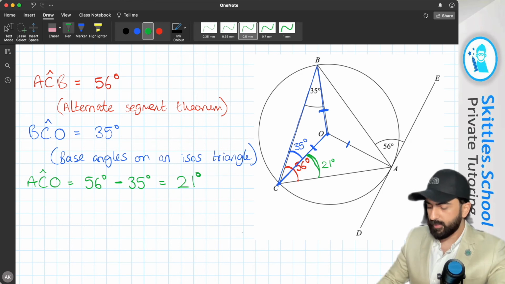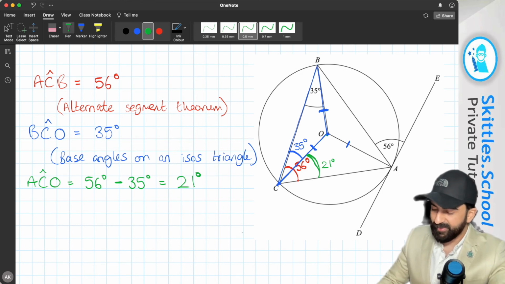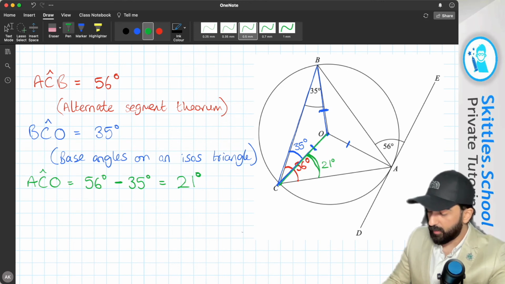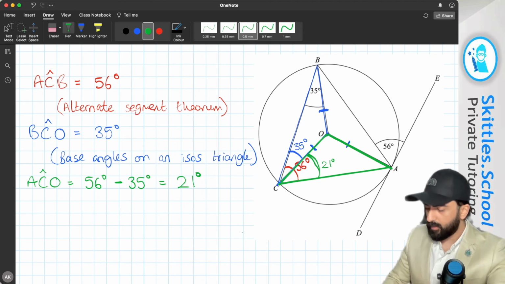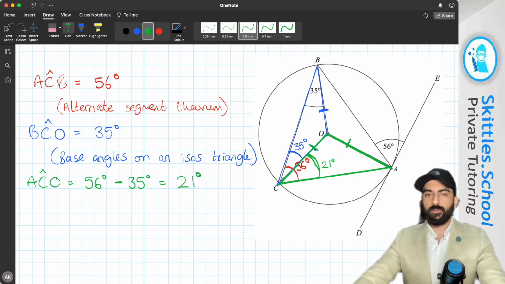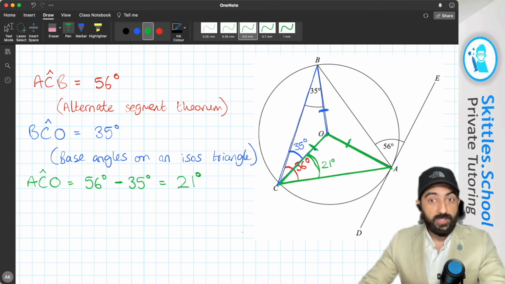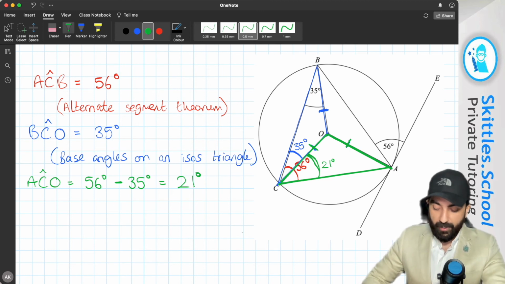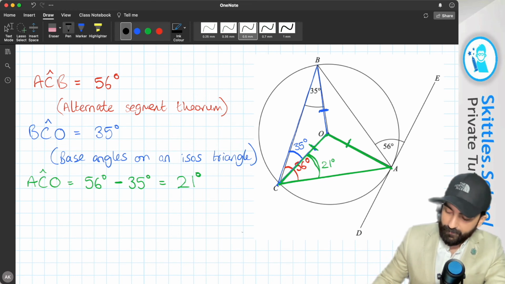And if we notice, there is another triangle there. This green triangle, where one of the angles is the 21 degrees. We can see that two of the sides are again radii of the circle. Therefore, it's an isosceles triangle. And the base angles on the isosceles triangle have to be the same.